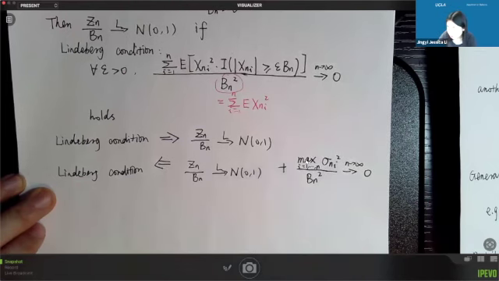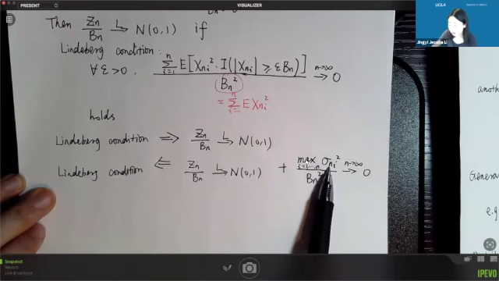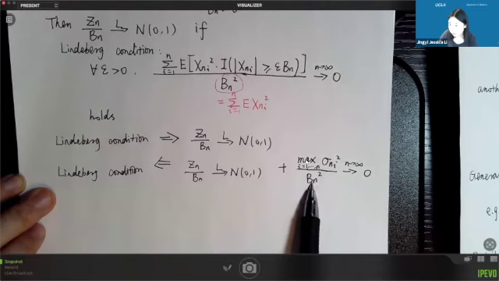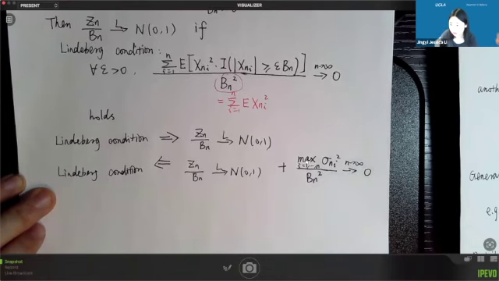You can imagine that this condition naturally holds for the central limit theorem, because in the central limit theorem, all the sigma ni squared are equal to sigma squared, and Bn squared is equal to n times sigma squared. When we take the ratio, it's 1 over n, and 1 over n will go down to 0 as n goes to infinity. So the central limit theorem naturally satisfies that.